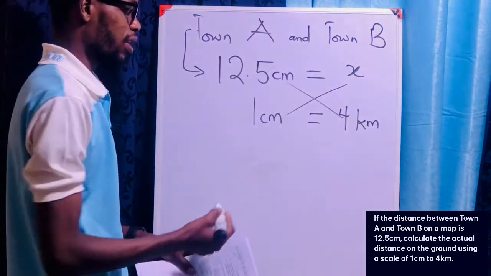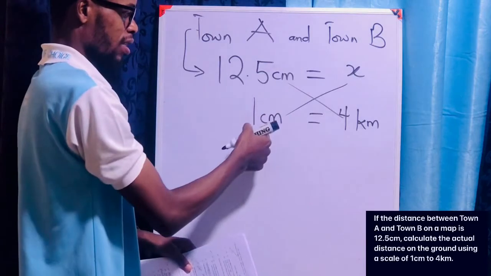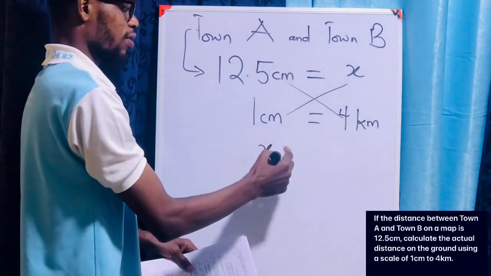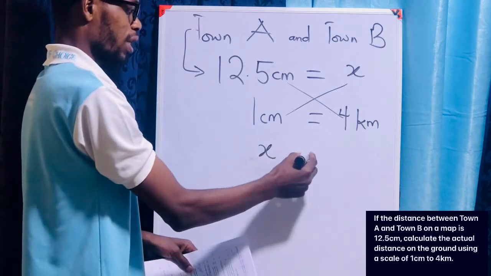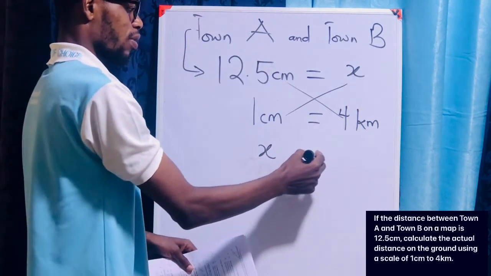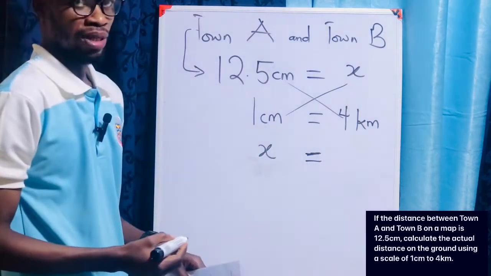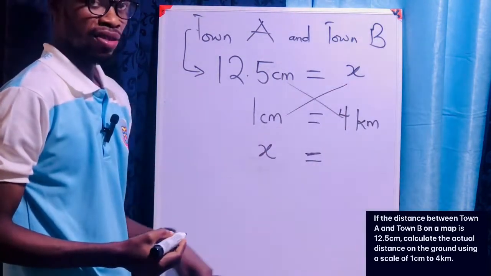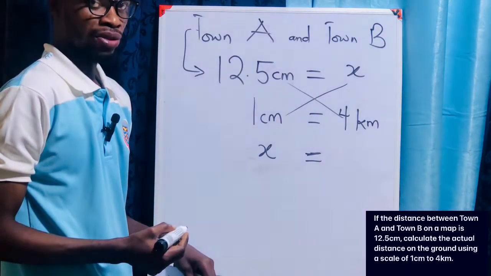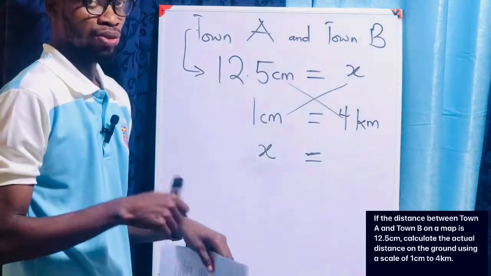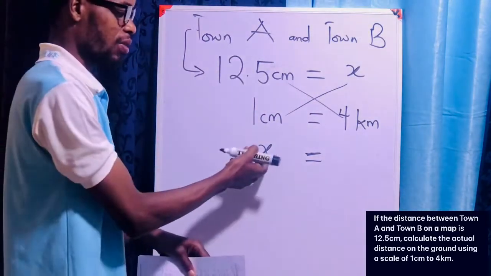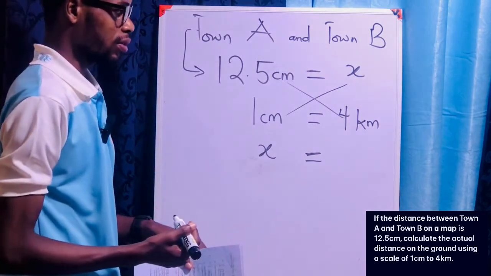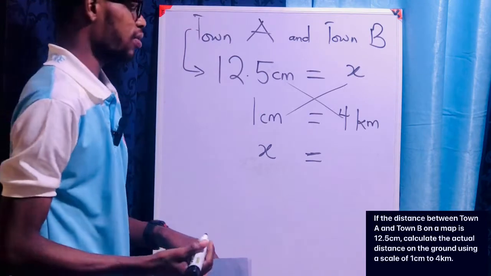You cross multiply, where the x times the 1 will give you 1x, and you know it is x. So you have your x, because definitely if x becomes the subject and the x was used to represent the actual distance that we have been asked to find in the question, it means that whatever we get for x will be our actual distance or ground distance.